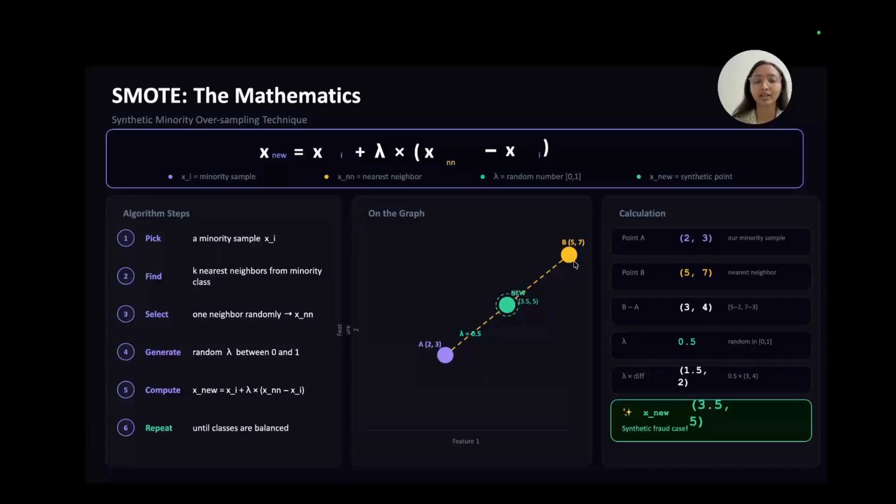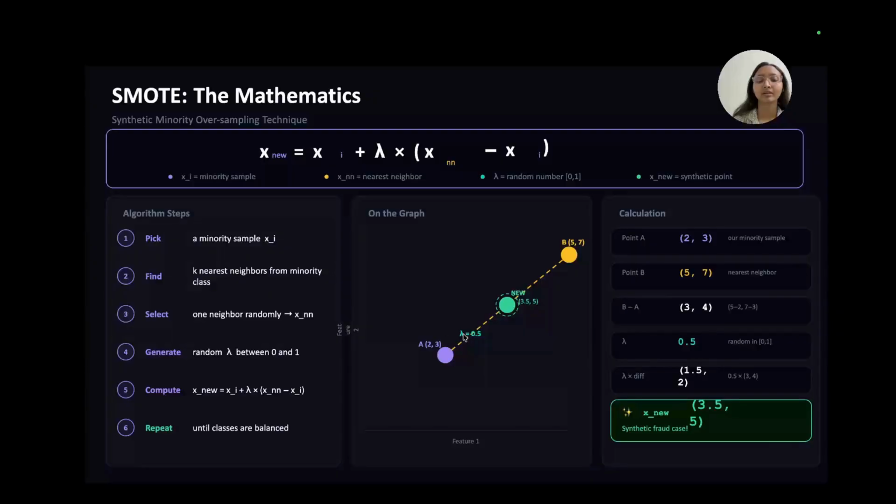But now it is not clear whether towards point A or towards point B, like from where we will start, from A or from B. To include that, we are adding here xi, and xi represents a minority sample. Okay, and what is the minority sample here, which is 2,3. That is our initial point.